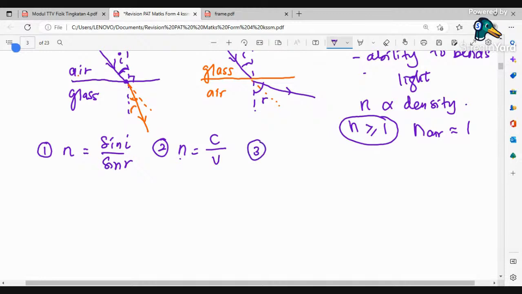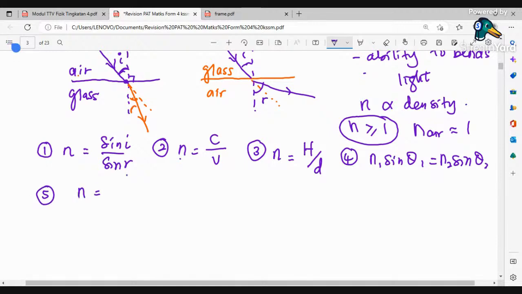Number 3, real depth divided by apparent depth. One more for Snell's law: n1 sin theta 1 equals n2 sin theta 2. And the last one is n equals 1 over sin critical angle.